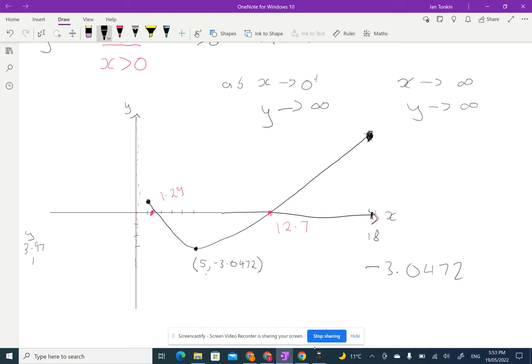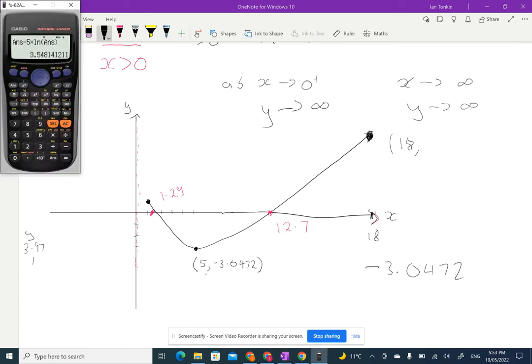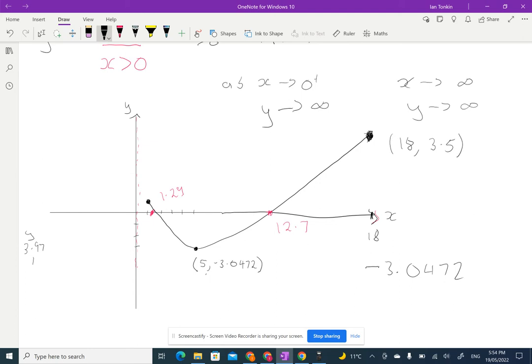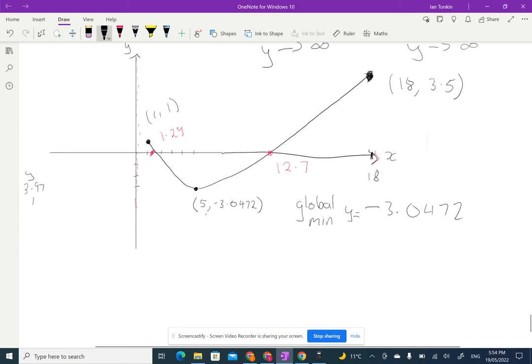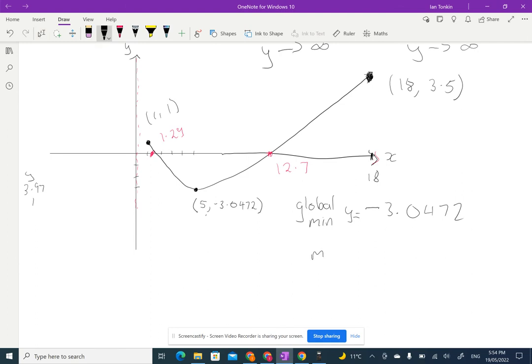And this is 18, and what did we get? 3.5. And we got 1, 1. So the global minimum is y equals negative 3.04, and the global max is y equals 3.5.